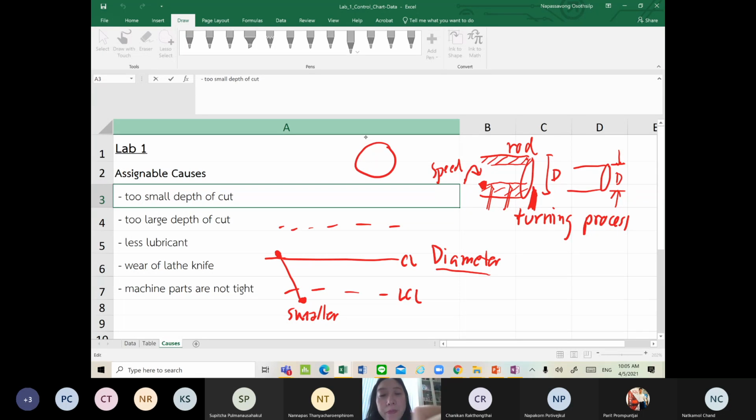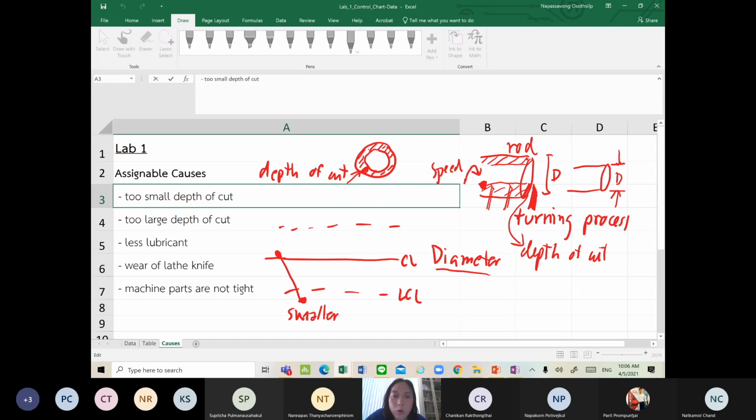If you look at the plane of the part, it will remove all the areas around, and the depth here that is removed is related to what we call depth of cut, right? Remember that depth of cut is the overlap distance between the part and the knife. So this is called depth of cut.